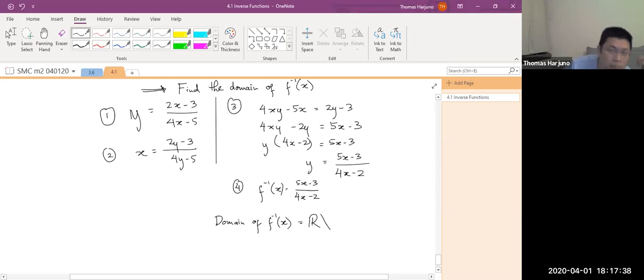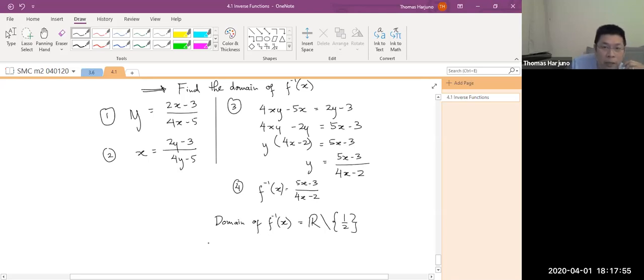All real numbers except? All real numbers except 1/2. That's right. All real numbers except 1/2, because the denominator cannot be zero. Is it right?